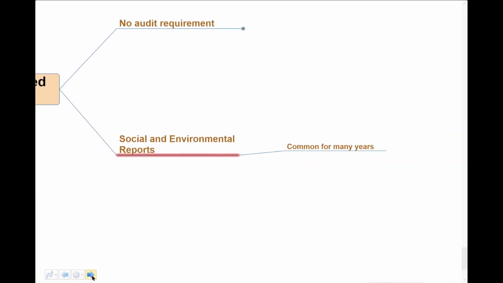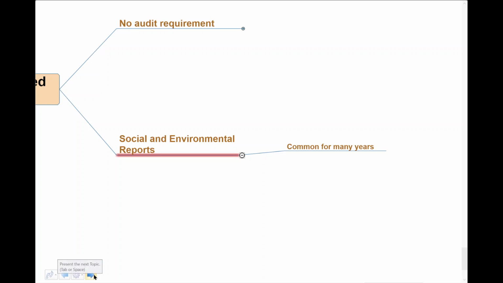Moving on from there, we see integrated reporting as something that is key right now and has been key for some years. But we have already and always had, certainly from my memory, social and environmental reports. Again, we're talking about the impact of the business on society, the community, and the environment.